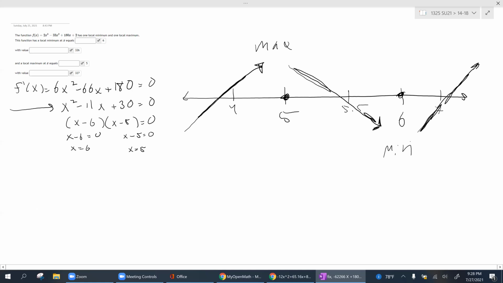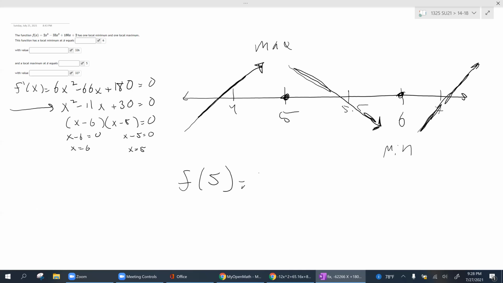If you want to know the value at which 5 is a max, you plug 5 into the original equation, because every x has a y that corresponds to it. So I'm going to plug 5 into there.